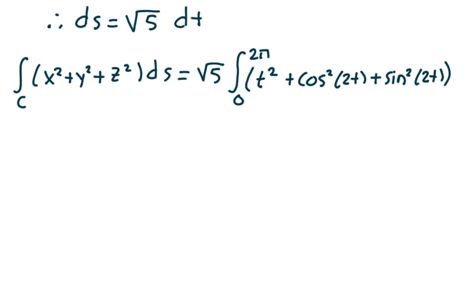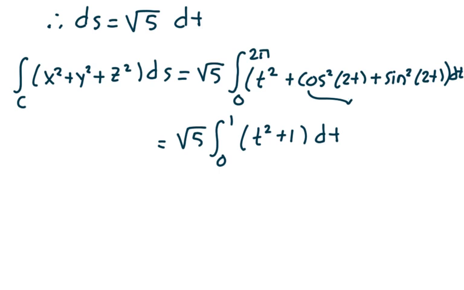And then I'm integrating with respect to t. I hope you guys can see that okay. You need to have dt there, right? Now, this is square root of 5 times the integral from 0 to 1 of t squared plus 1 dt, right? Because cosine squared of 2t plus sine squared of 2t is equal to 1.